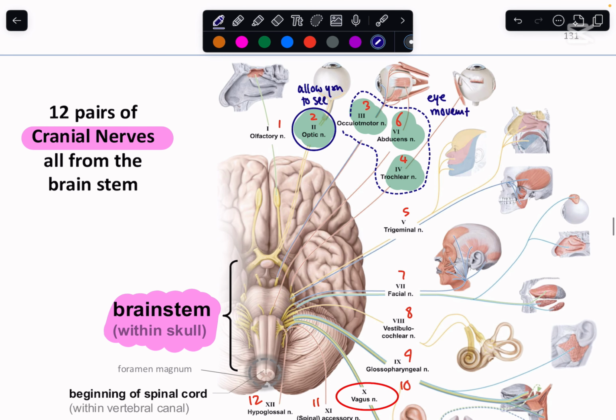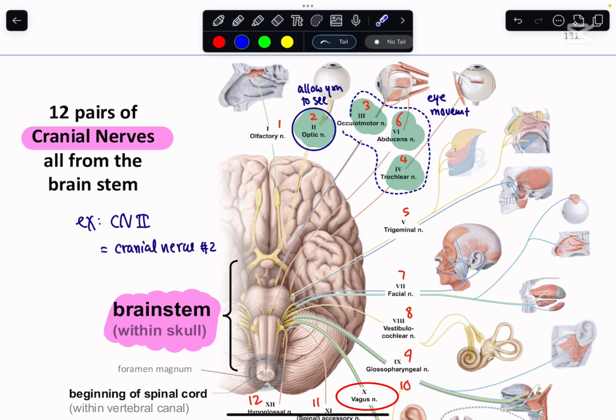Later on, you will see CN2. That means cranial nerve number 2. C for cranial, N for nerve, and 2 for 2. So this is CN2.